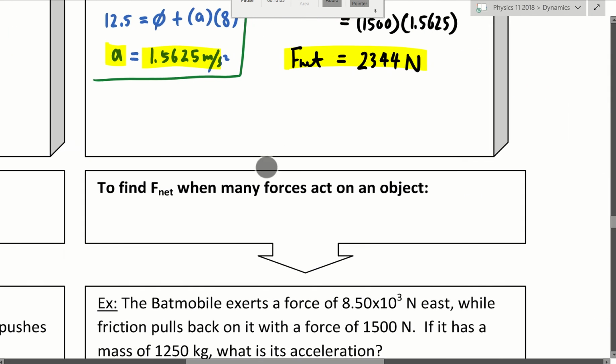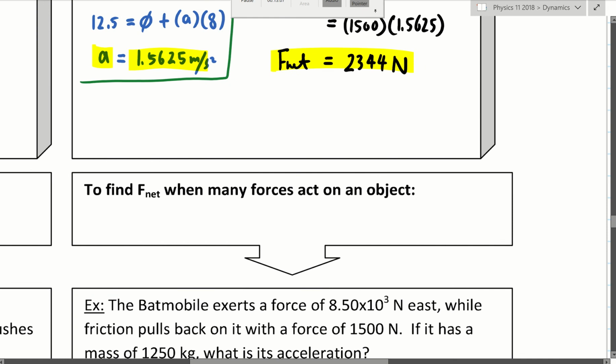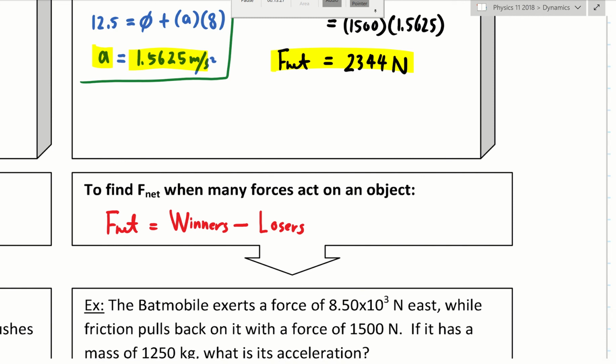In that case, if the forces are working against each other, then your net force should be whichever force wins minus the forces that are pointing in the other direction. You have to pick which side is bigger to determine the winner, and then you do the winning forces combined minus the losing forces combined.